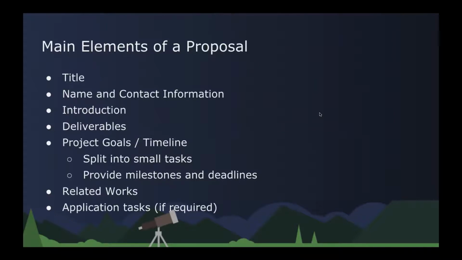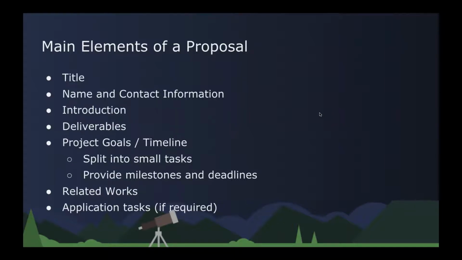You should put your email address, contact numbers, and the information by which they can reach you, and the introduction about the project, and deliverables, which means after the GSoC time period, what are the things you deliver, what are the components you are going to build. Those should be mentioned.